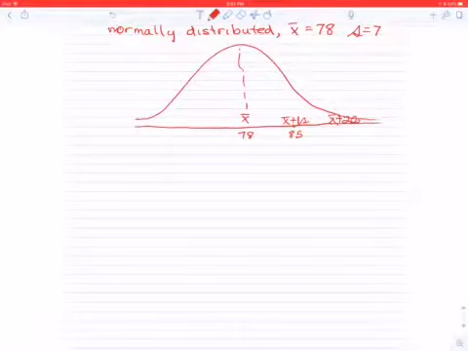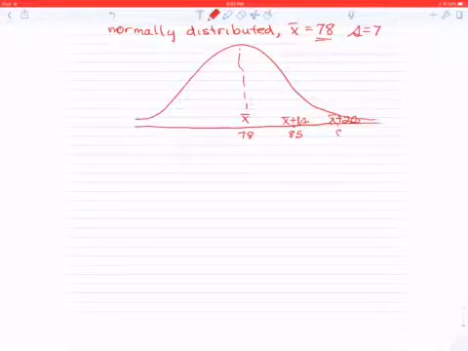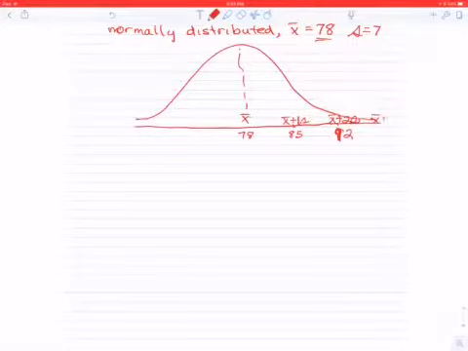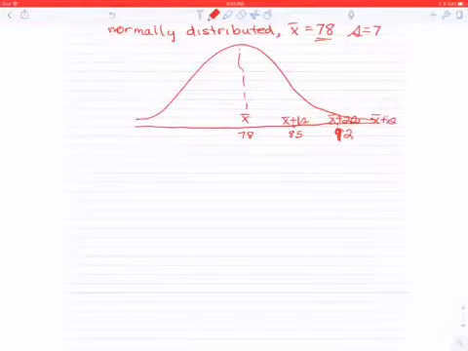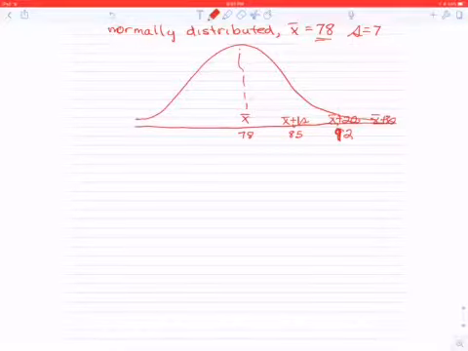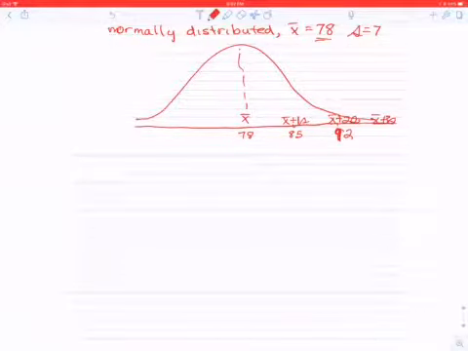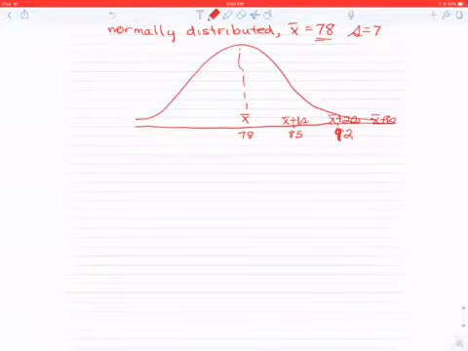So 78 plus two groups of 7. This is 85, this is 92. And three standard deviations above the mean, the mean plus three standard deviations, 78 plus three groups of 7. This is 99.